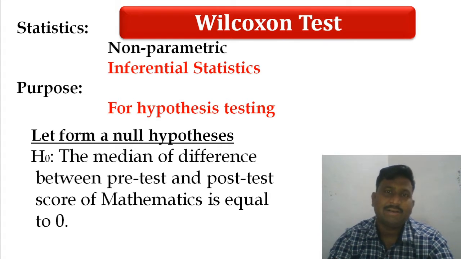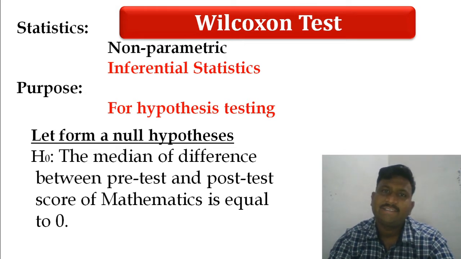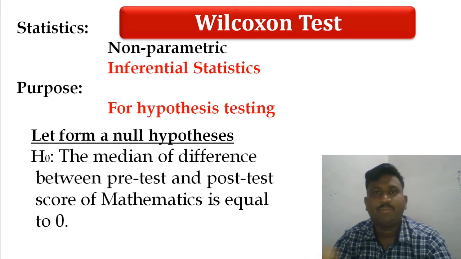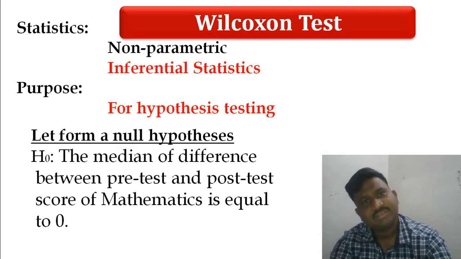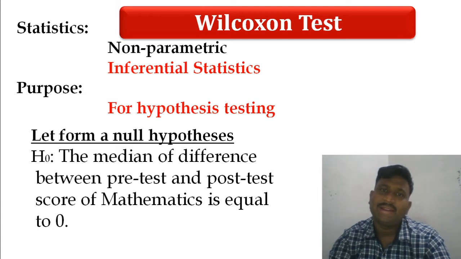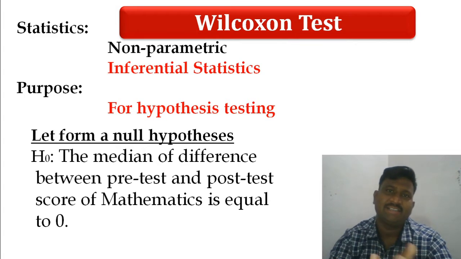Then we conduct the Wilcoxon signed test. It is also called the Wilcoxon signed rank test. So we take the Wilcoxon test and see whether the median significantly improved or not. If the median is significantly improved, it means the sale of the biscuit packet has improved by the change in packet style.